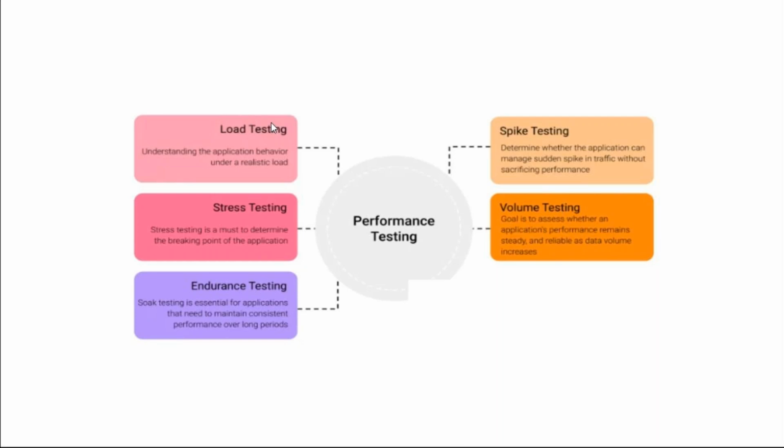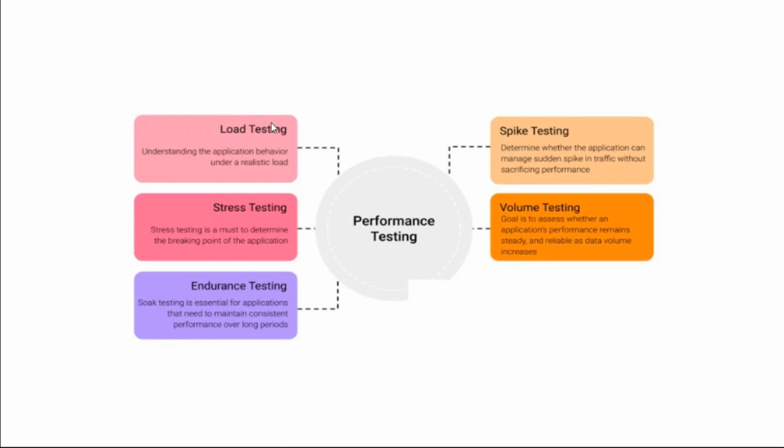If you see Disney Hotstar, during normal days, consider how many users will be using the application, say 50,000 people, just as an example. From the performance team's point of view, if they come to us for performance testing, we need to ensure that Hotstar is performing well for this expected 50,000 users without any issues.